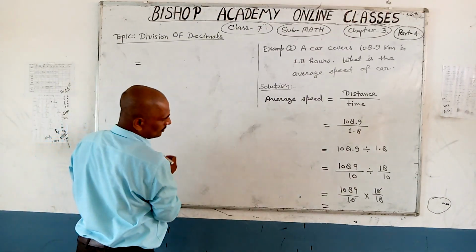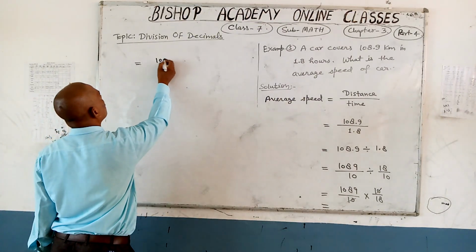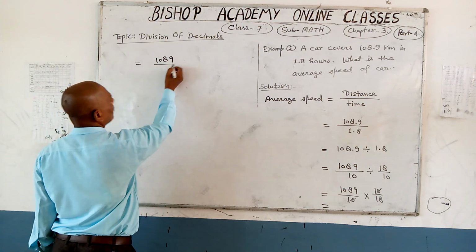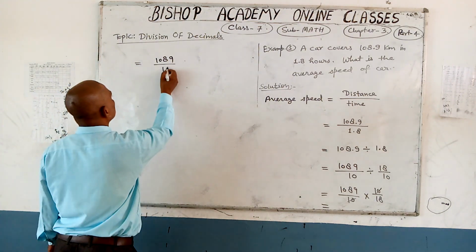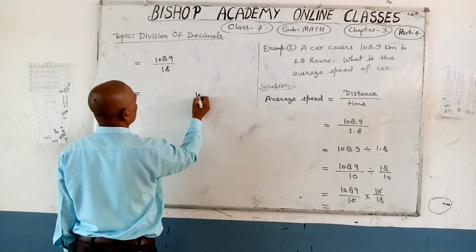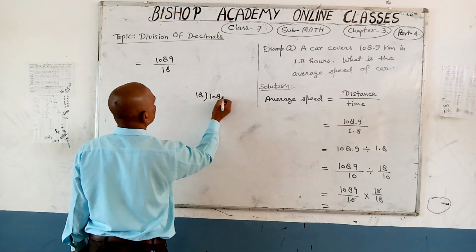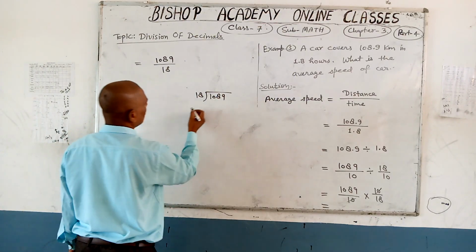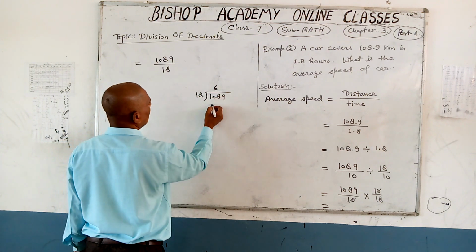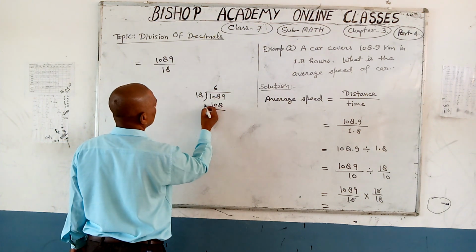First of all, write the next step. 1089 divided by 18. 18 6s are 108.